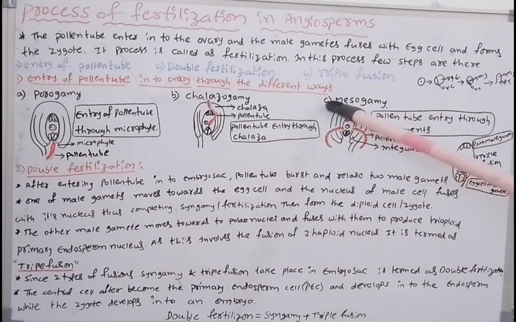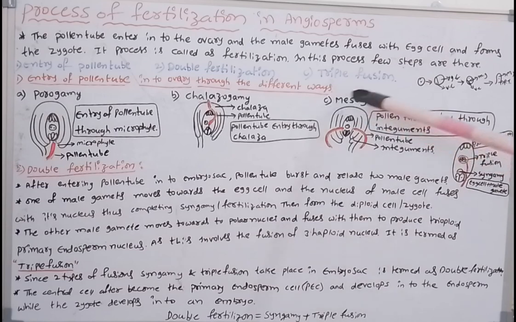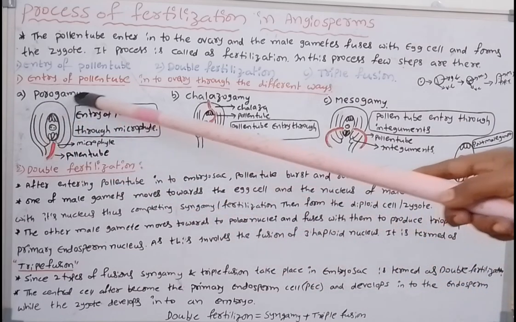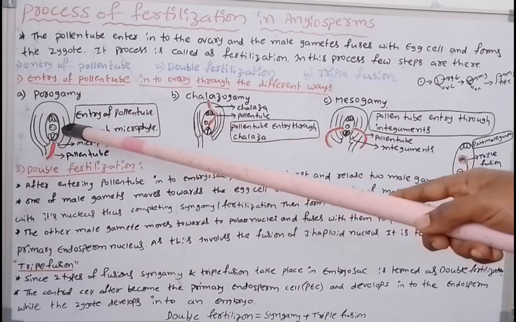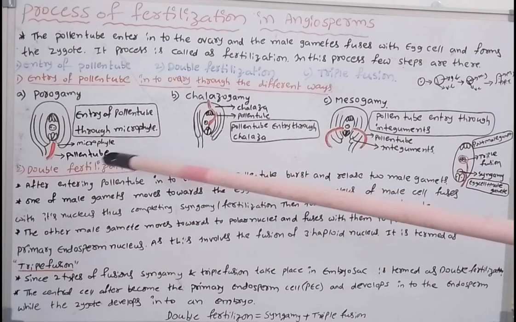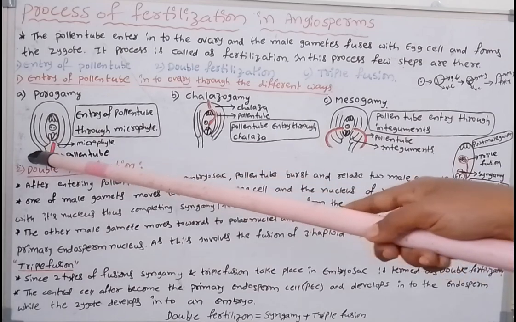Next one, mesogamy. Pollen tube entry through the integuments is called mesogamy. So this is the ovule. In the ovule, this is the chalaza, these are the integuments, this is the micropyle and this is the funicle.